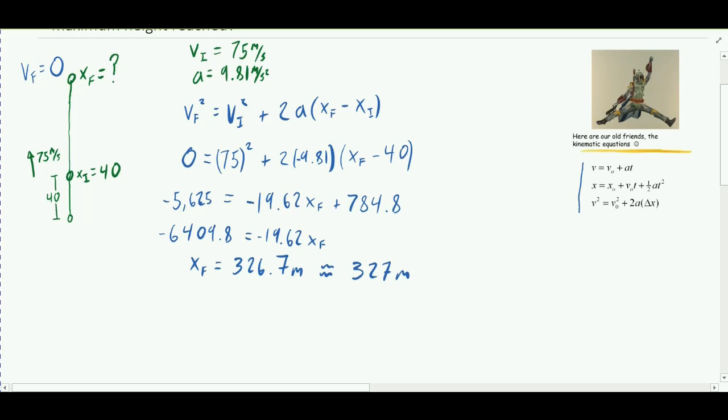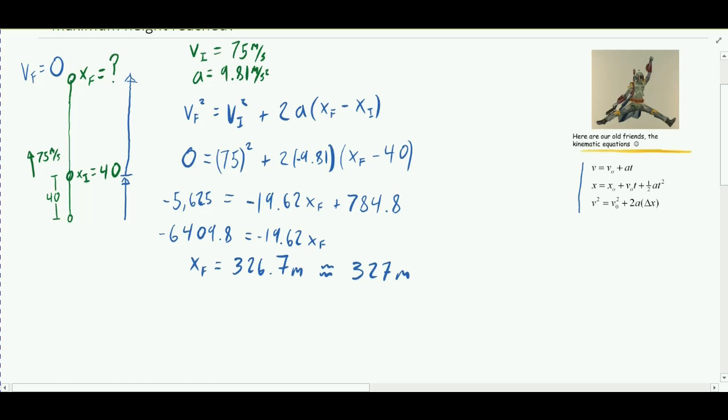That is how far he will launch. If he turns off his jetpack, he's going 75 meters per second right here. Turns off the jetpack here. That initial velocity will carry him all the way to there at 327 meters above the ground.